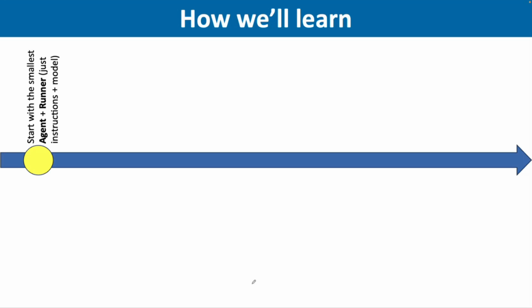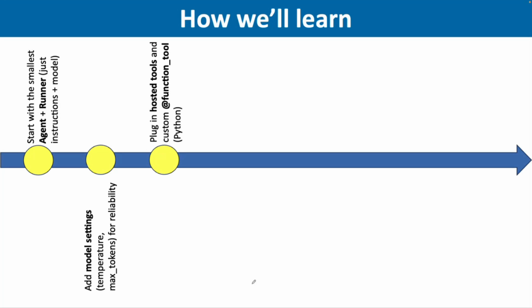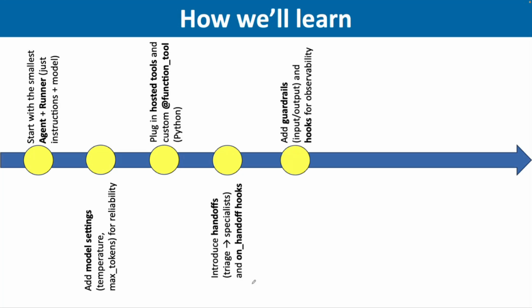Let us set the flow of how we will learn. We are going to start with the smallest agent plus runner, just instructions plus model. Then we will add model setting to add the tuning parameters in the agent. Then we will plug in some hosted tools and a custom tool. And then we will introduce handoffs and on-handoff hooks. We will add guardrails.